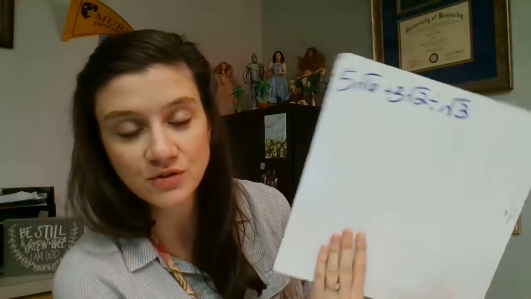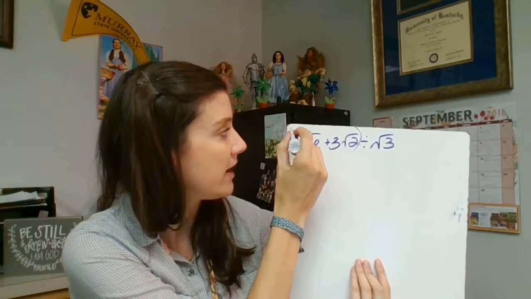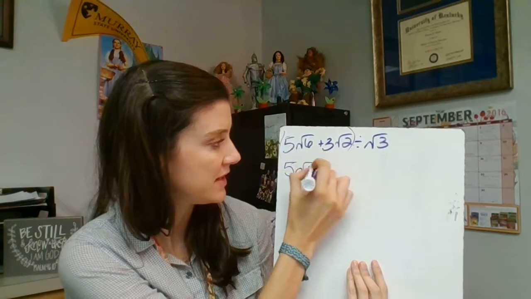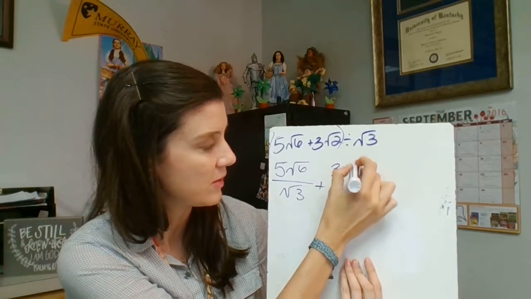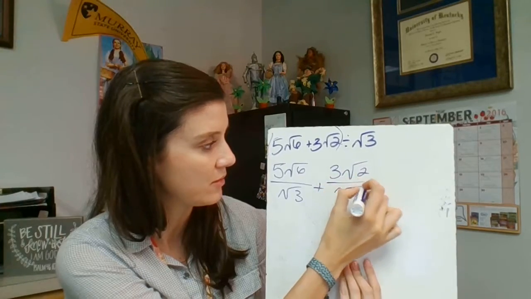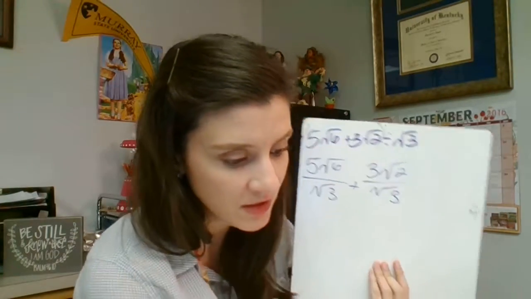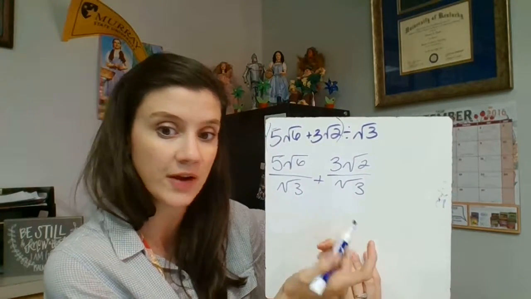Alright, the first thing you should have done was divide each of those terms by square root 3. So 5 square root 6 over square root 3 plus 3 square root 2 over square root 3. So far so good. I'm going to go ahead and simplify this one here. 6 and 3 can both be divided by 3.